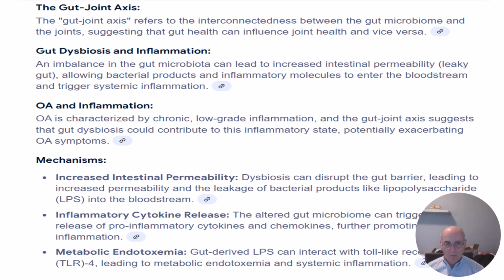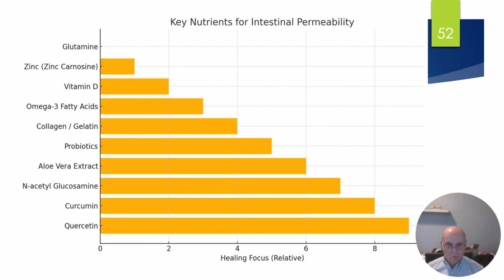Patients ask all the time, and it's more wear and tear. It's chronic low-grade inflammation, and the gut joint axis suggests gut dysbiosis can contribute to inflammation and causing more and more damage to joints that are wearing down. Obviously, there's increased permeability, more cytokine release, and more endotoxemia driving more inflammation.